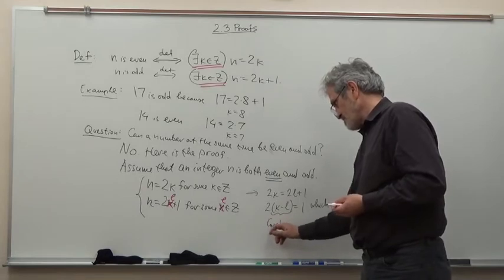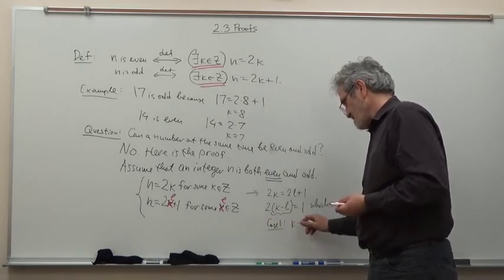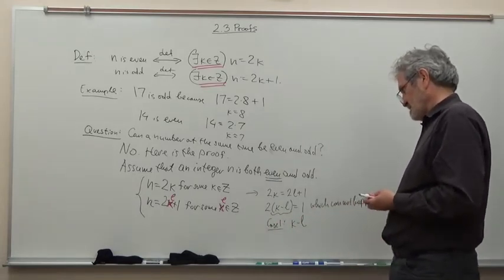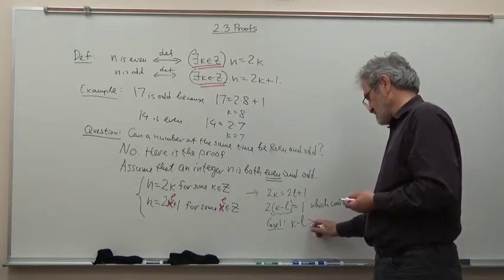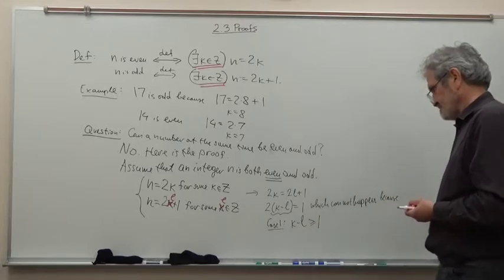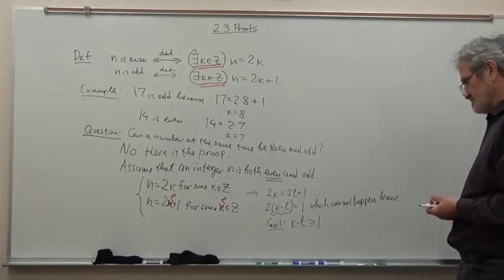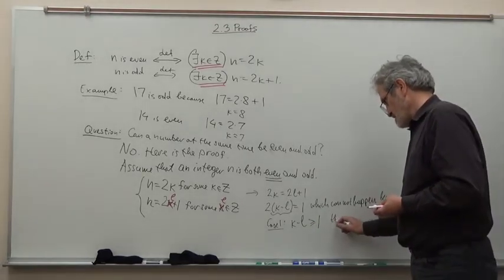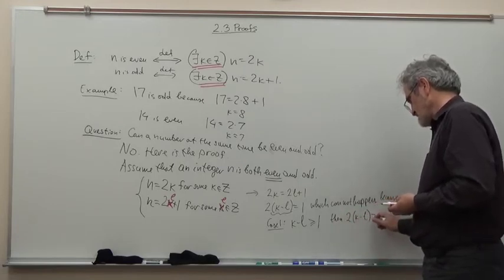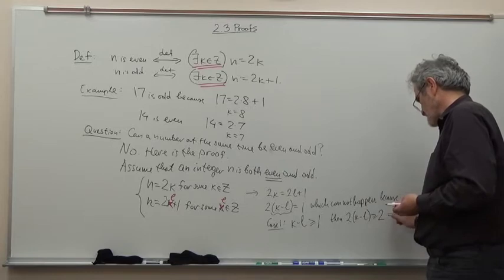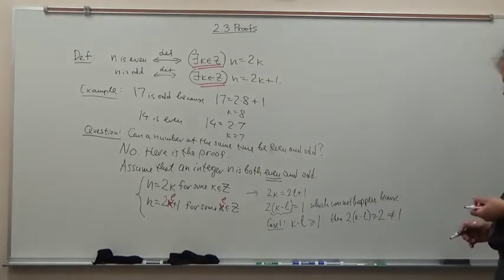Case 1: if k minus l is greater than or equal to 1, then 2 times (k minus l) is greater than or equal to 2, so it cannot be 1, it's too big.